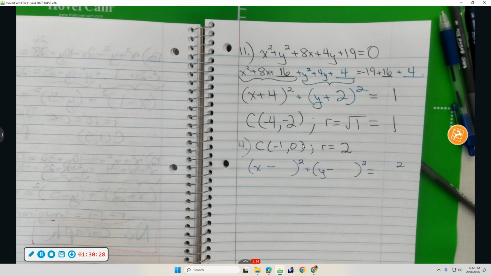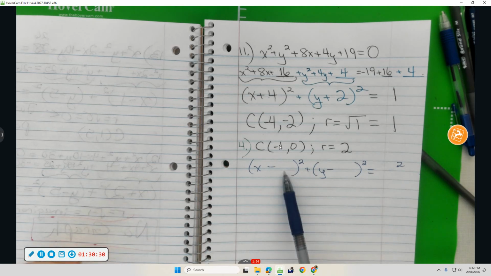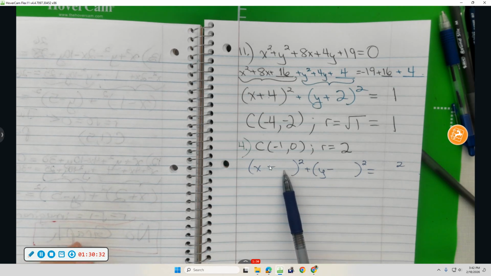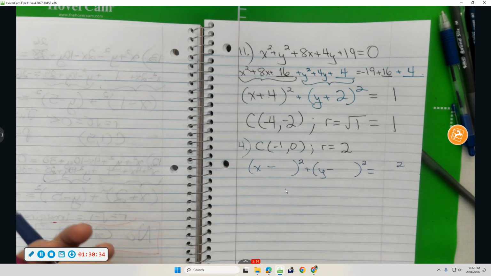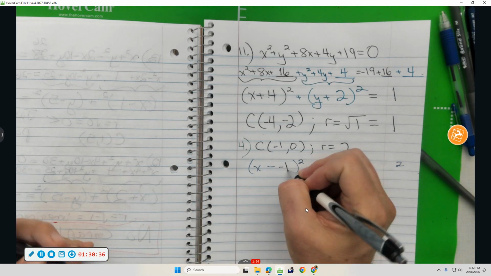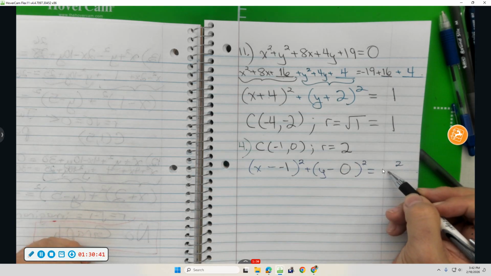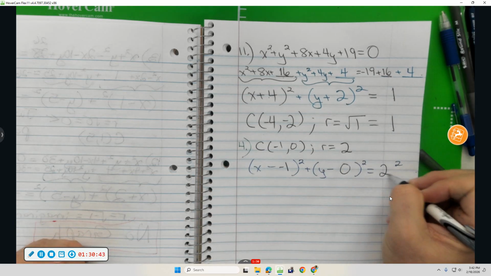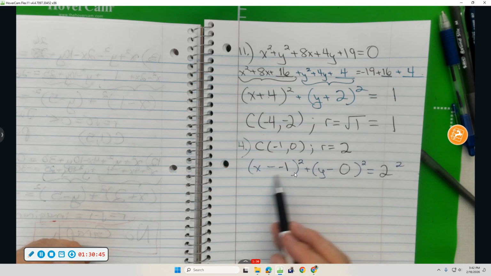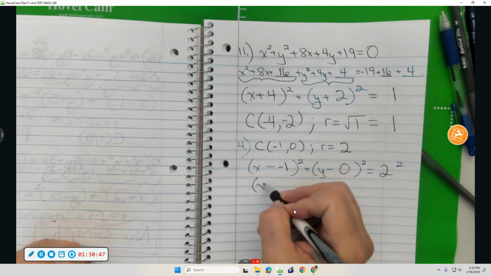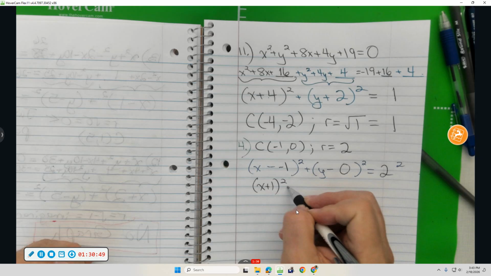Oh, okay. I'm waiting. Y'all tell me what's going to go here. Do y'all remember how to do this? Okay, these were the easy problems at the beginning of class. Here, what's going to be squared? 2, okay. And then we can clean this up. That becomes an x plus 1 quantity squared.